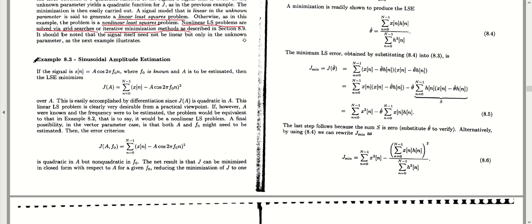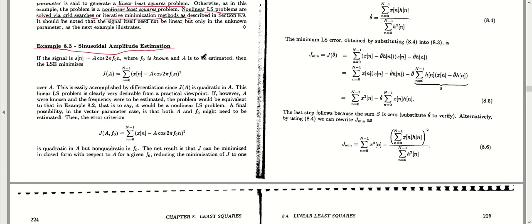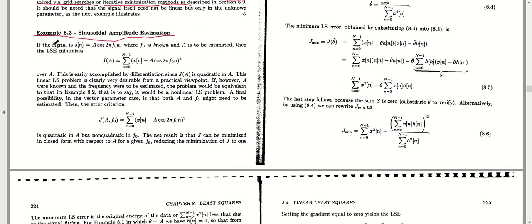Okay. The next example, sinusoid amplitude estimation. If the signal is s[n] = A cos(2πf0n), where f0 is known and A is to be estimated, then the LSE minimizes this, right?